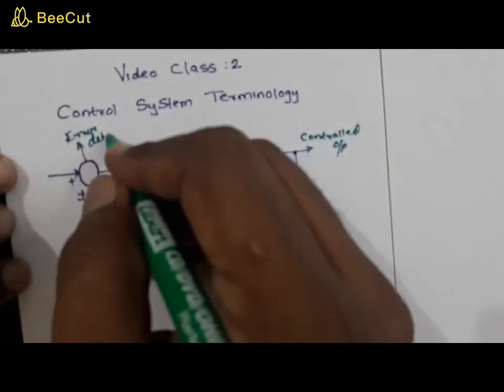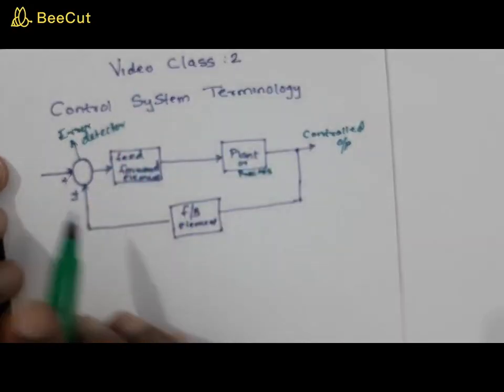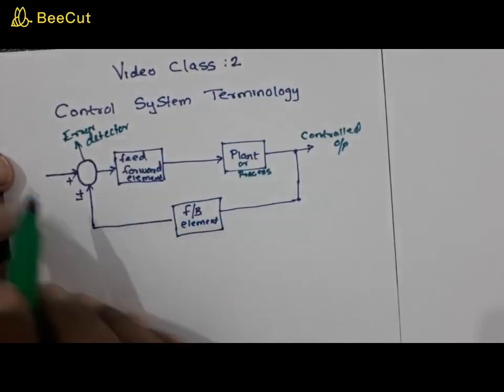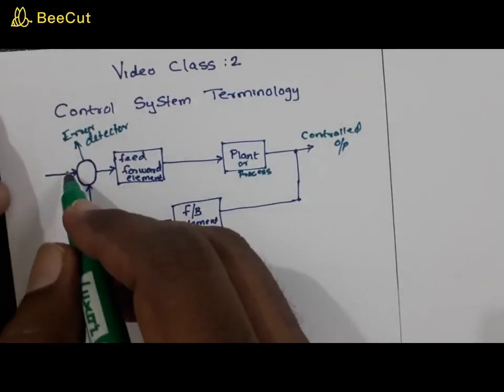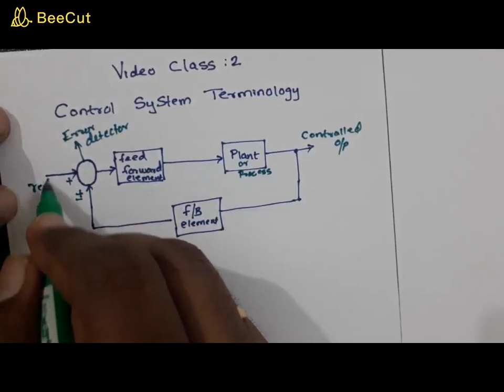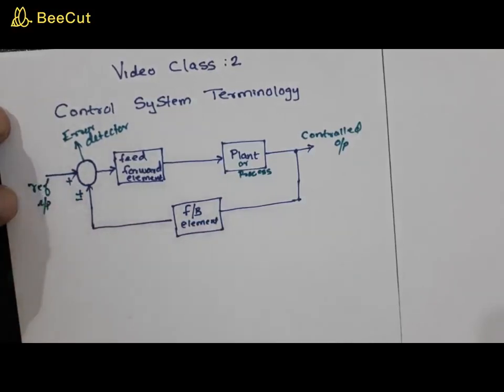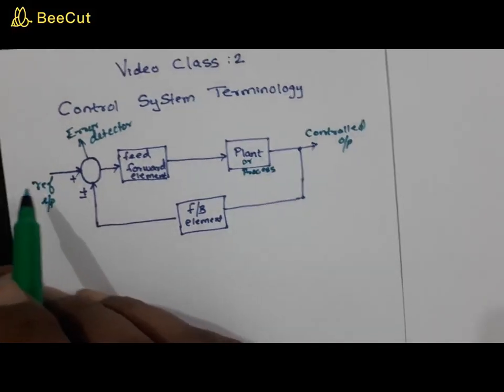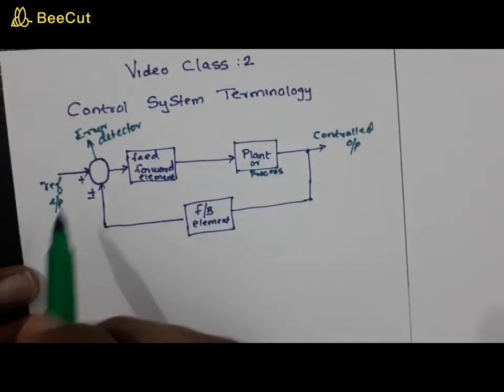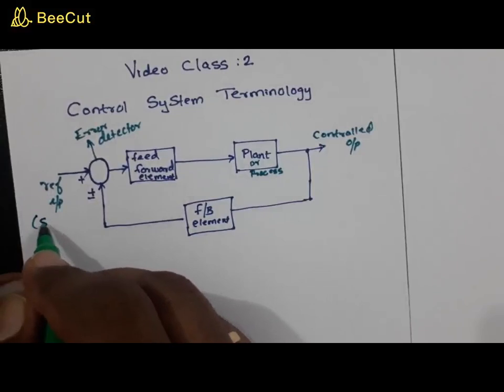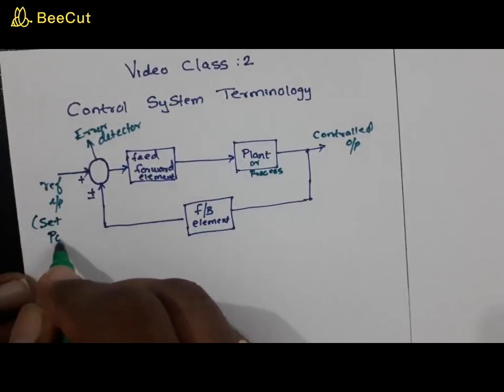So what it does is at this point the feedback signal is compared with the reference input, right? This I have mentioned in the previous video. That is, a control system always controls the output so as to get its desired value, and this desired value is given as the reference input, or it is sometimes called the set point.